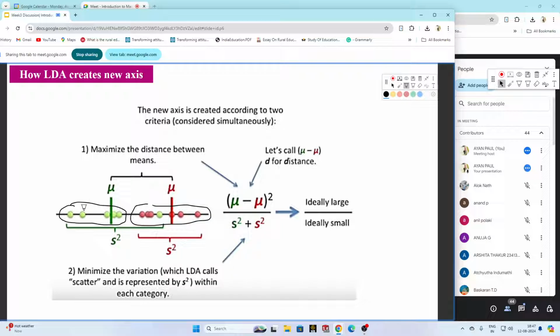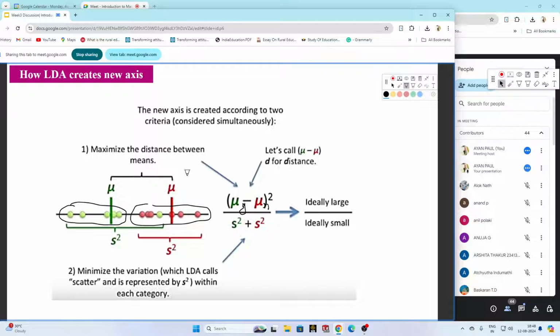The mean of the green group is denoted by mu green, and the mean of the red group is denoted by mu red. Our first target is to maximize the distance between the means. How can we do that? We can subtract the two mu: mu g minus mu r, whole square.